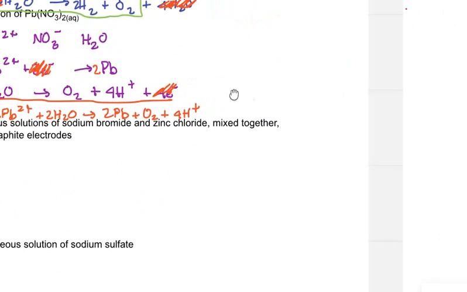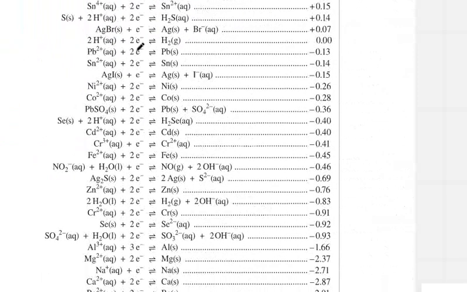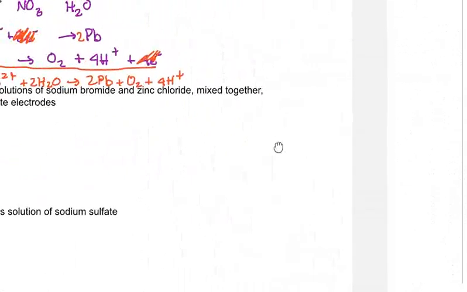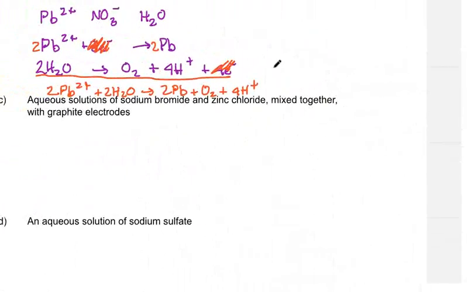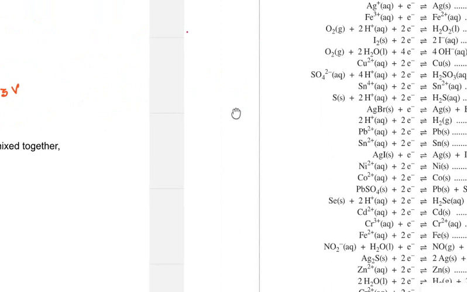Lead 2 reducing to lead is right here, and its reduction potential is minus 0.13 volts. So for this reaction we have negative 0.13 volts. The other reaction is the oxygen-hydrogen 4 electrons to water thing.